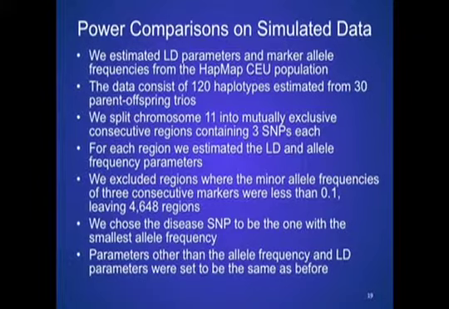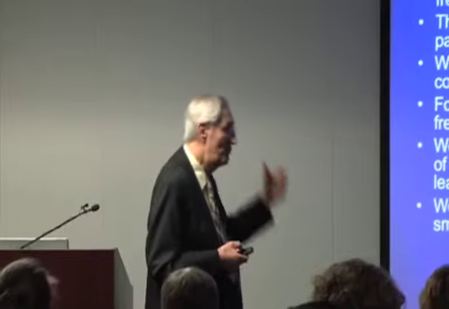And that left us with 4,648 regions. Right? We chose the one that had the smallest allele frequency amongst the 3 to be our disease, and we simulated the disease on it. So these are real genetic data, but you simulate the disease according to one of these models.